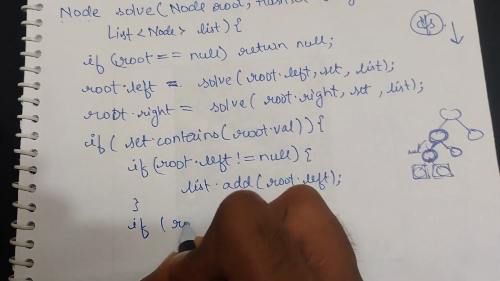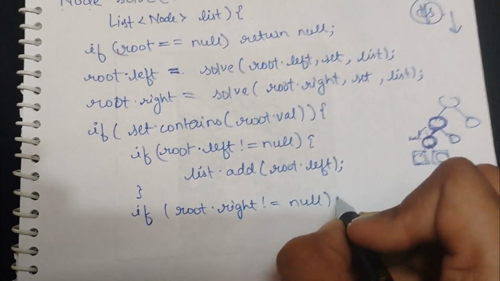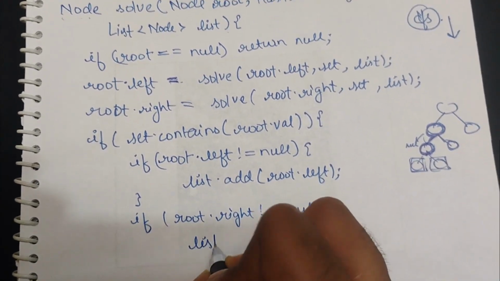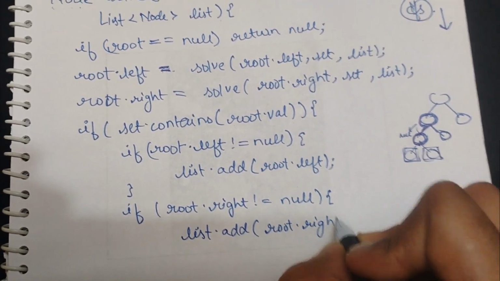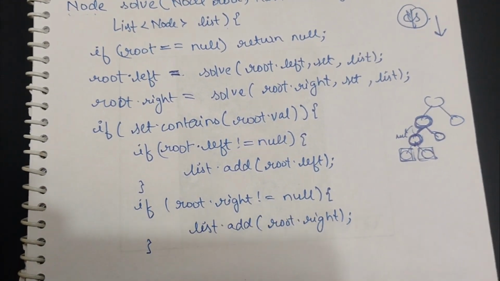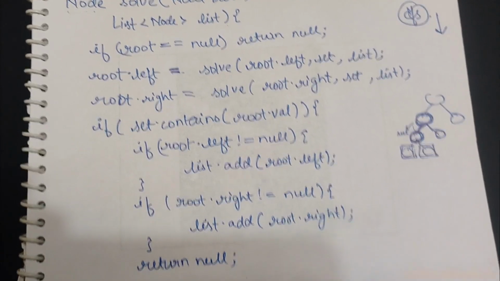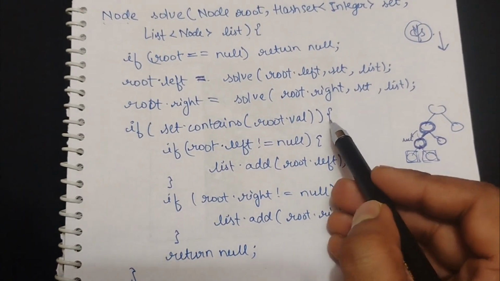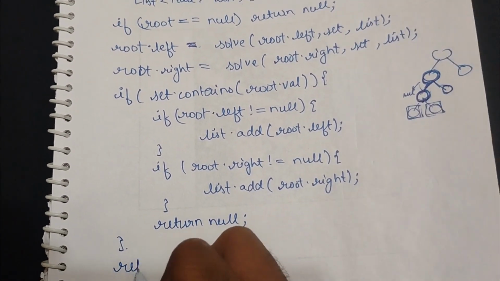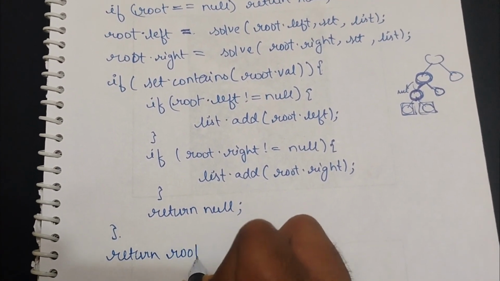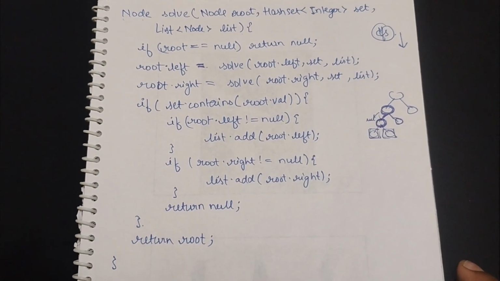Similarly for right, if root dot right is not null, store it: list dot add root dot right. Now return null. Okay, now close this parenthesis for this if condition. Now at last we always return root, you know this, return root. So this is the entire code for this problem.